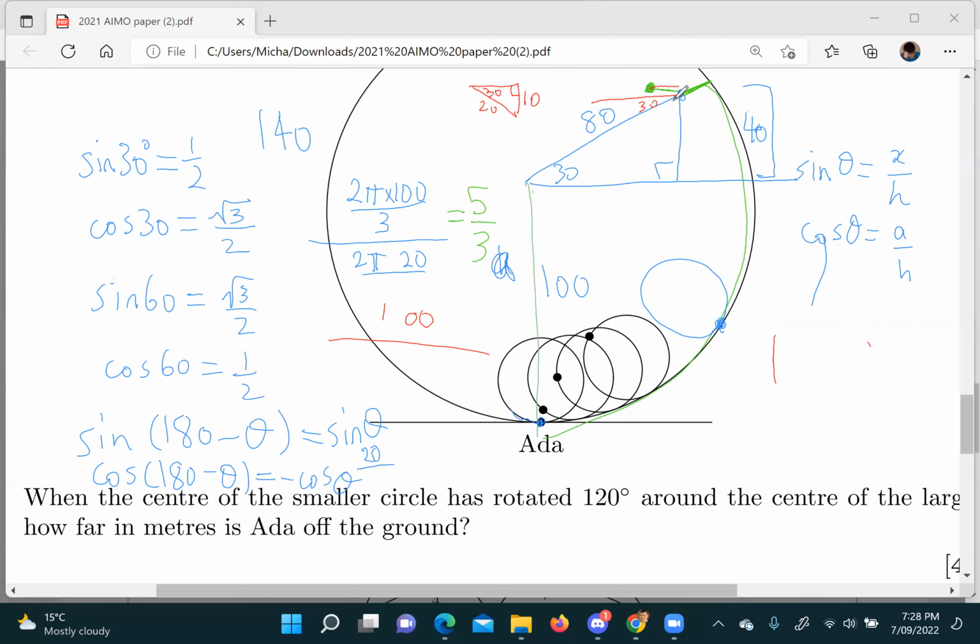So then I used the right triangle that looked like that. But you get the same thing. You had 140 from before and 10 from there, so you get 150.